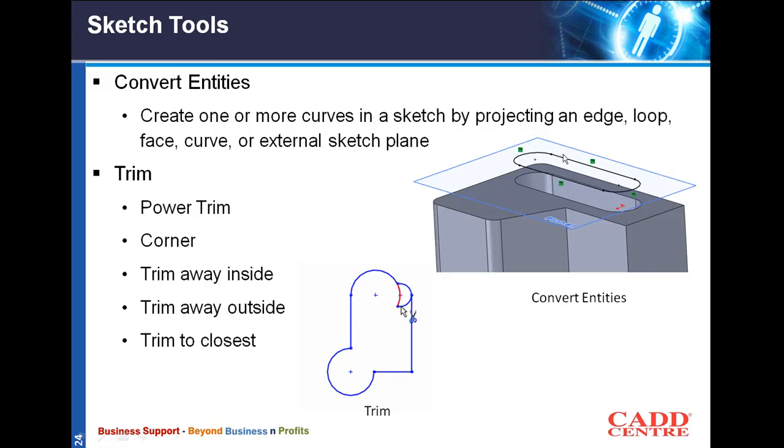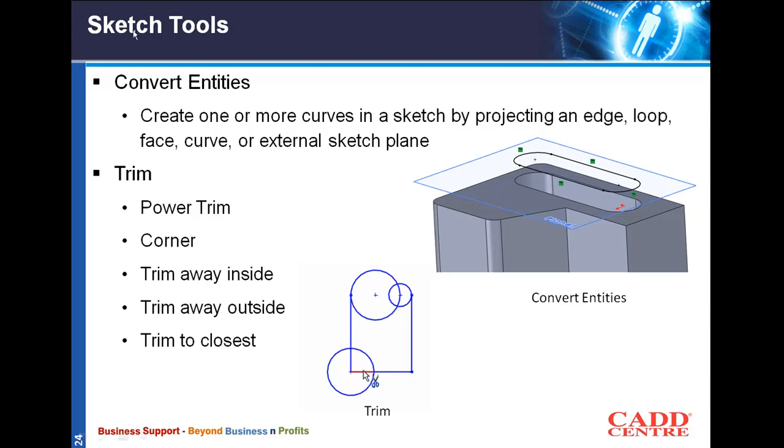This we call convert entities, and this symbol will give you a view that it is convert entities. Once you complete all this, there is one more powerful tool in SolidWorks, especially for sketching, that is trim. You have a number of trim tools available in the Sketcher environment.